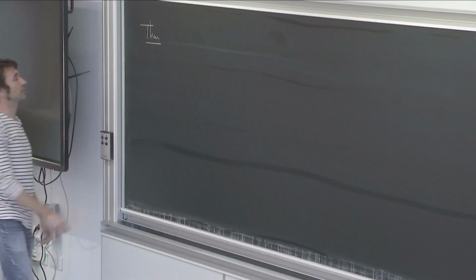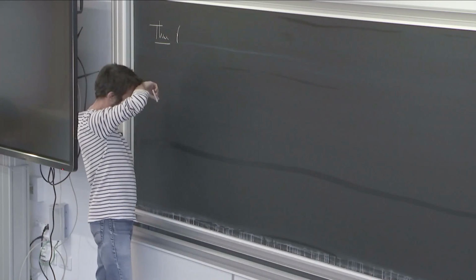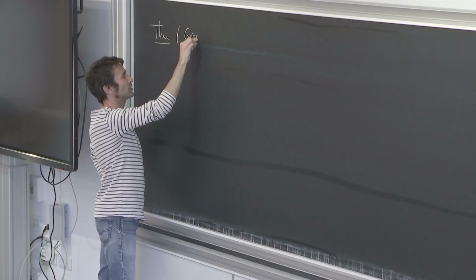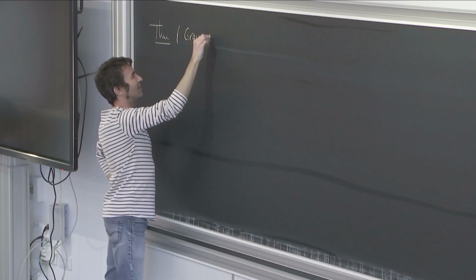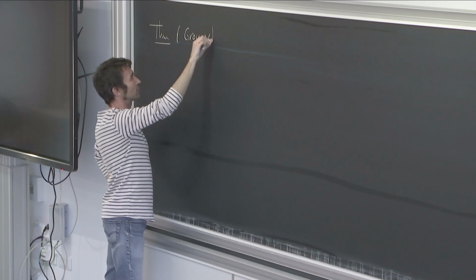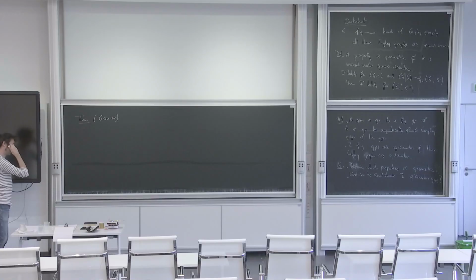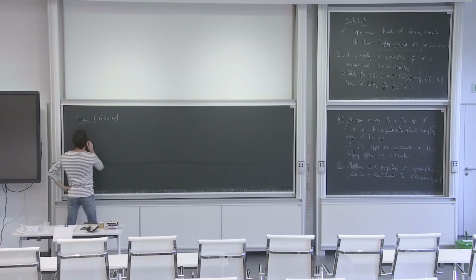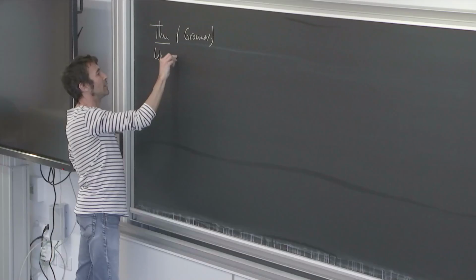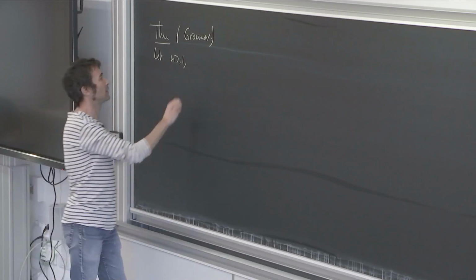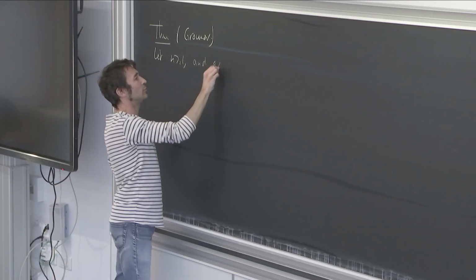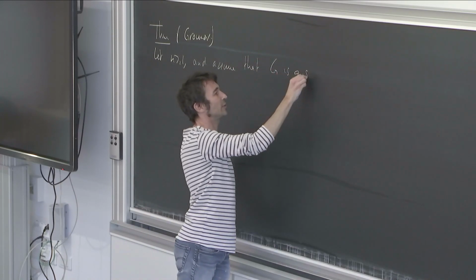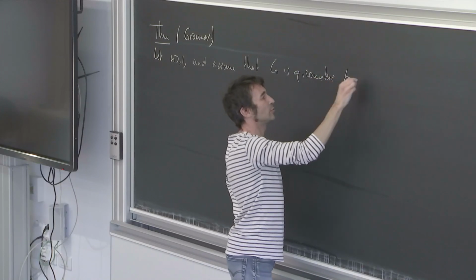So, theorem, this one is due to Stallings, I guess. So let n be at least one, and assume that G is quasi-isometric to Z^n.